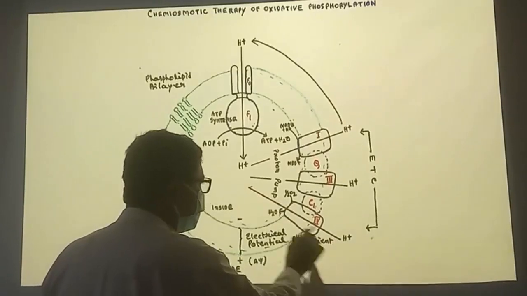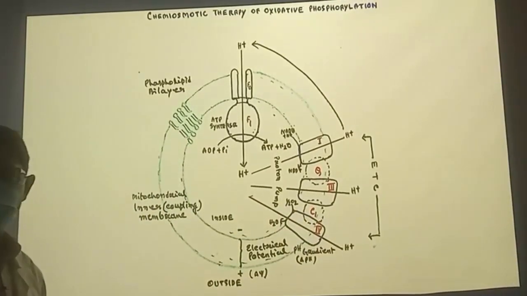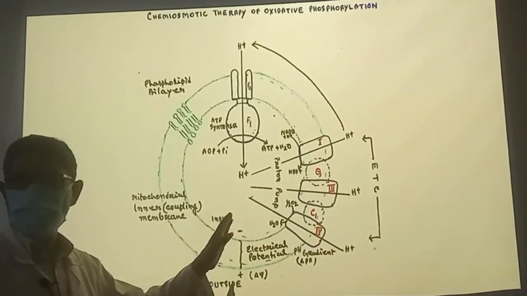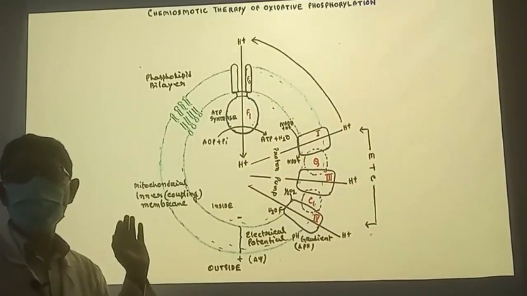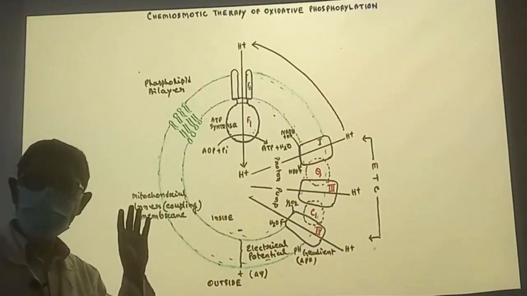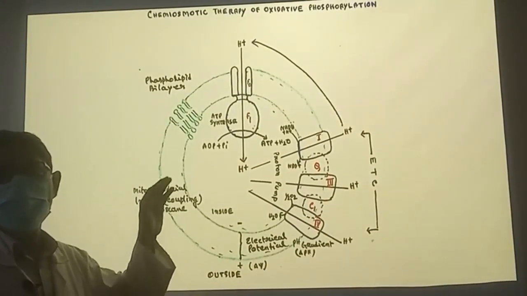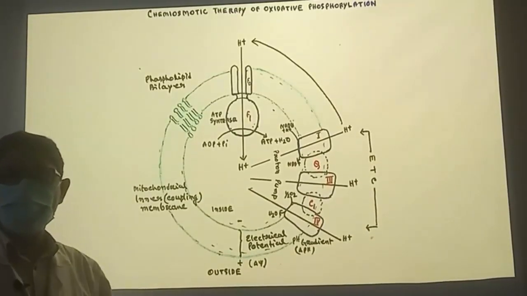This proton is pumped out from the matrix to the inner membrane space, and this proton cannot go back through the membrane again. They are allowed only one particular door for entering the membrane. Because of the gradient, they try to enter, but they cannot.